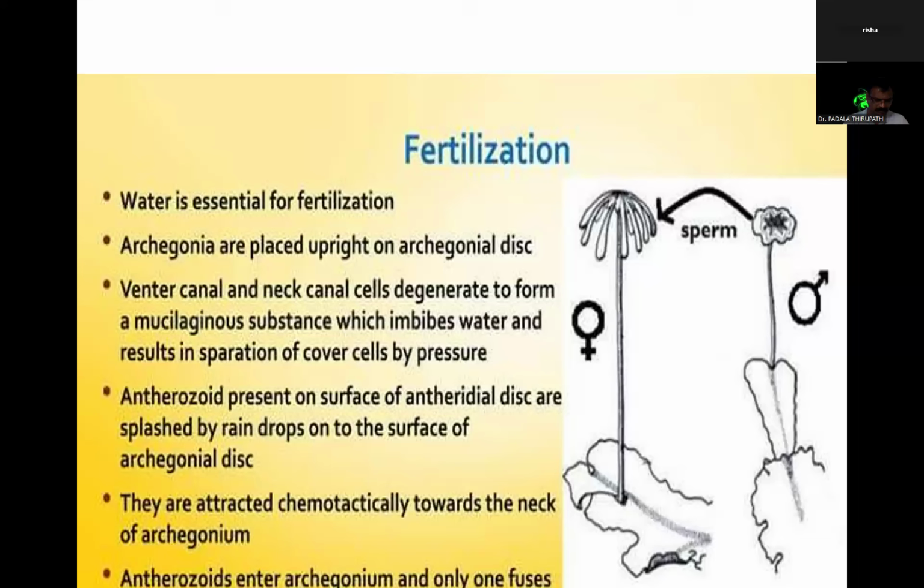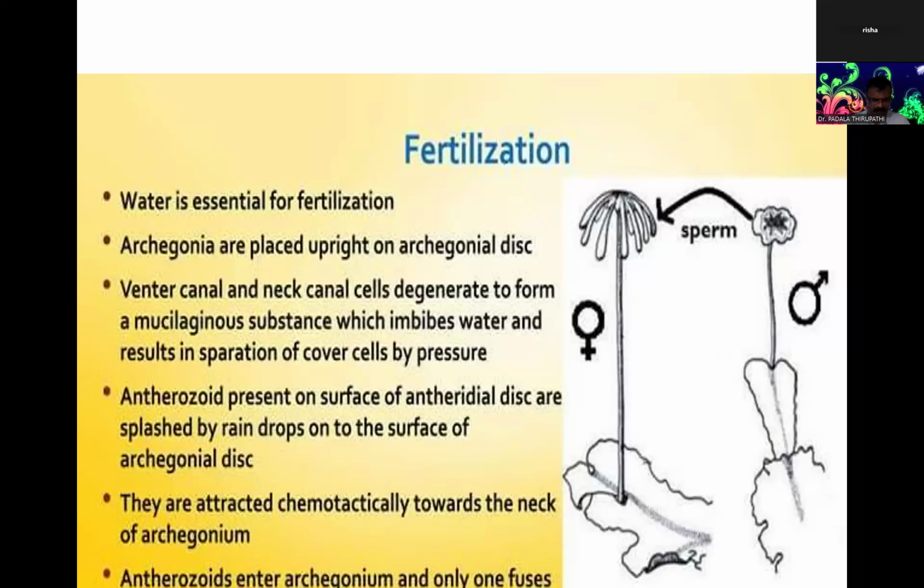What is essential for fertilization? Archegonia placed upright on the archegonial disc. Right hand side diagram: ventral canal cells and neck canal cells, left hand side diagram. Venter canal cell and neck canal cells disintegrate.